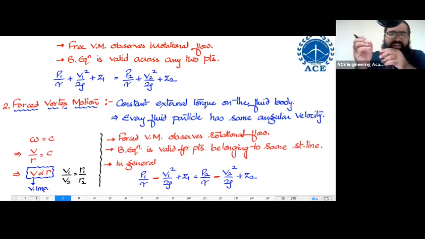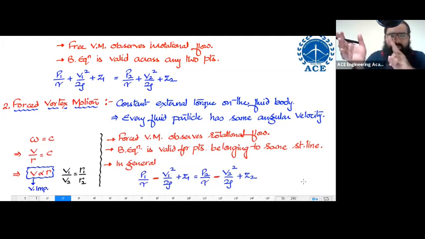In general, whether they lie on the same streamline or not, there is one equation which is always valid in forced vortex motion. That equation is the one I have shown over here with a negative sign. Why all these things are coming, you're going to see now. Regarding the application of torque, I'll be taking problems where you'll be seeing the examples. I'll be taking some problems.